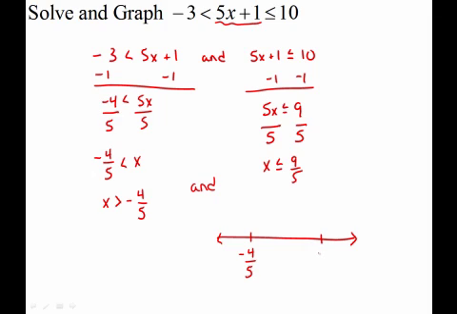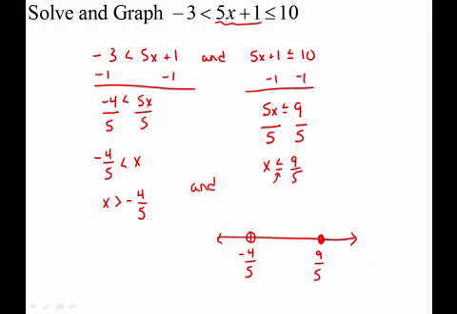So in this case, we have -4/5 and 9/5. And then the plain greater than, so without the equal sign, that is an open circle. So this one gets an open circle, and the 9/5, because it's less than or equal to, so that little line gives us the equal to option, that gets a closed circle.